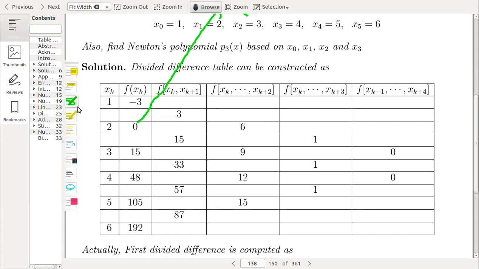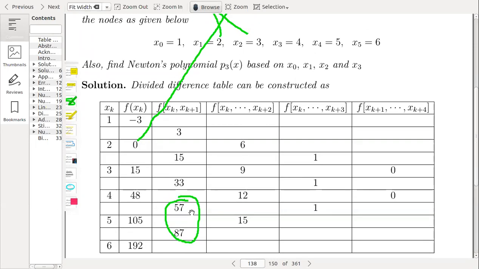So you will have 30. 30 is the numerator and you need to divide by 2 because the difference between 3 and 1 is 2. So divide by 2, you will get 15. So that is the second divided difference for the points x0, x1, x2.